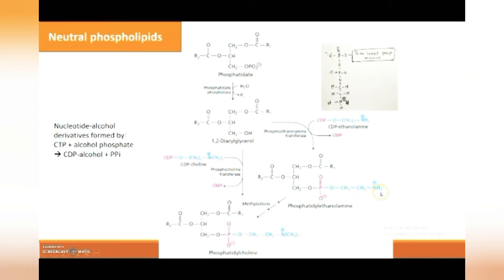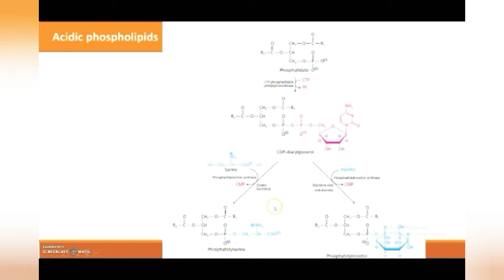But because this is NH3+, a methylation reaction will occur by replacing the H that binds with N with a methyl group, and it will form phosphatidylcholine. Phosphatidylcholine is commonly found in cell membranes. This is a neutral phospholipid.